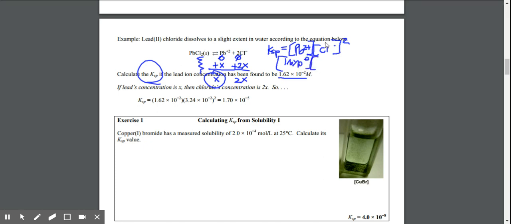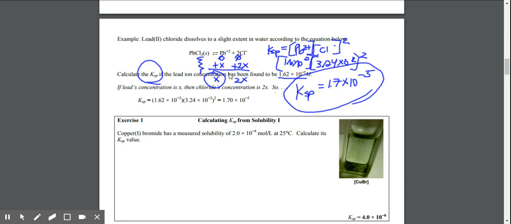I'm going to plug in Cl minuses, which is 2 times x, which is 3.24 times 10 to the negative 2. And I'm going to square that value. And once I do that math, I get your value for Ksp, which is 1.7 times 10 to the negative 5.